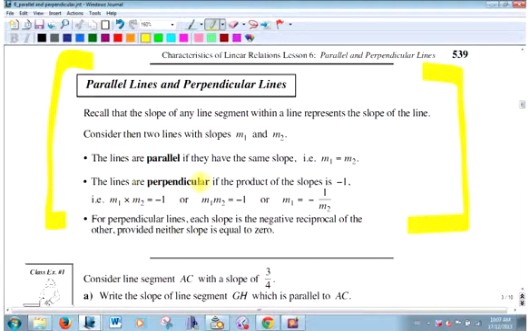The lines are perpendicular if the slope product is minus 1. Okay, so again, we can say this backwards. We can take the premise of the statement and switch it with the conclusion. We can say if two lines have the same slope, they're parallel. And then we can say it the other way around. The lines are parallel if they have the same slope. I'm saying the same thing, aren't I?